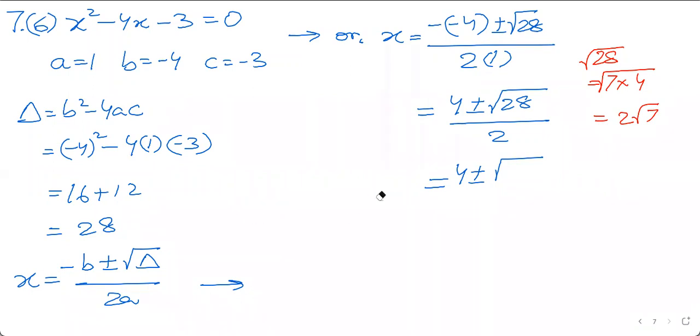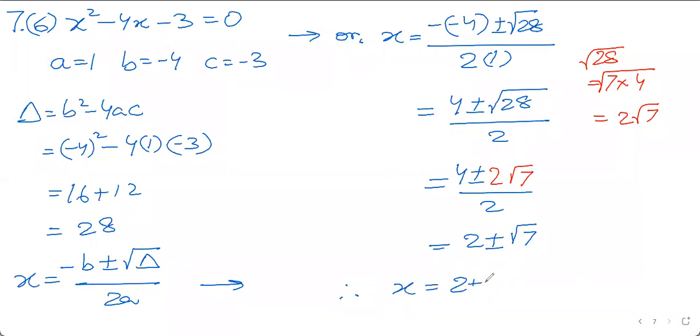So what we can write in place of square root of 28 is 2 root 7, divided by 2. Now, because of this division, Aman and Anushka, be careful. This is a fraction. So 4 by 2 and 2 by 2. 4 by 2 is 2, plus or minus 2 by 2 is 1, square root of 7. Therefore, our x is equal to 2 plus root 7 or 2 minus root 7.